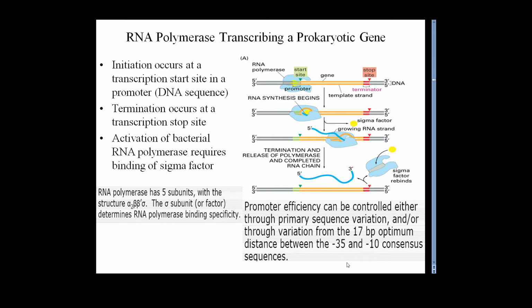Well, about RNA polymerase. Now you can see its multi-subunit structure, and an important part of it is the so-called sigma subunit. The sigma subunit is really the promoter-recognizing structure.